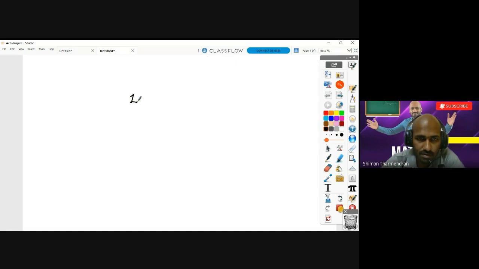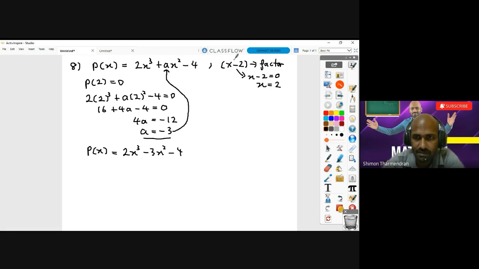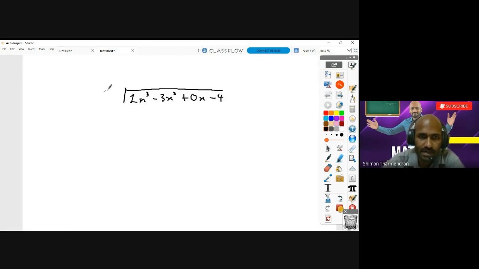So we have 2x cubed minus 3x squared plus, don't forget there's no x term, and then minus 4. When we do long division, don't silap do long division with your root, but with your factor. This is your factor x minus 2. So you divide by x minus 2 over here.